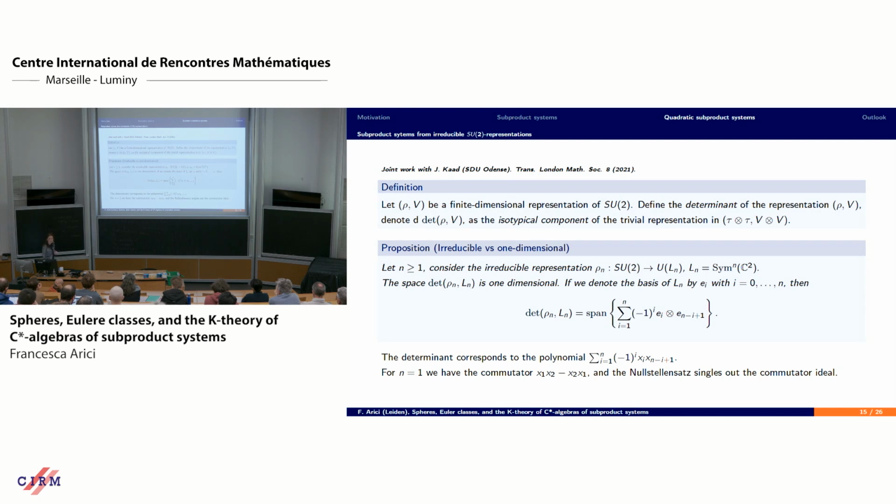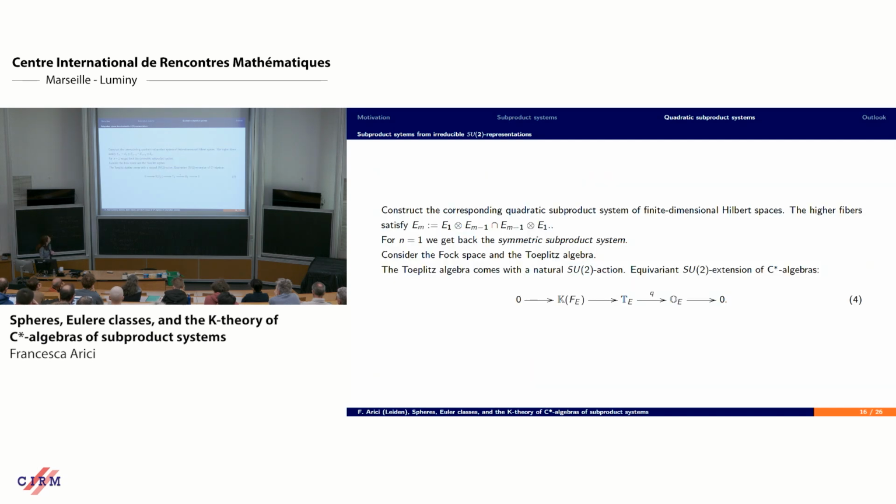So consistent with what we described earlier. Okay, so we constructed the quadratic subproduct system, and as I said, the higher fibers have this property, and we constructed the corresponding C*-algebras and obtained an extension that is SU2 equivariant, because everything we did started from the ingredient of an SU2 representation, so we could make all the spaces equivariant.